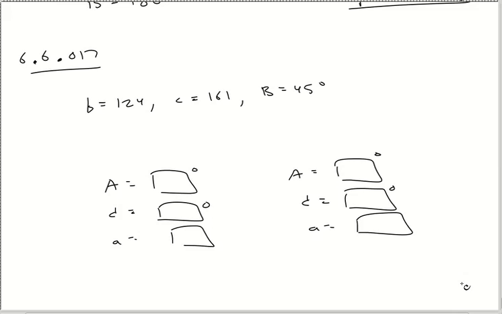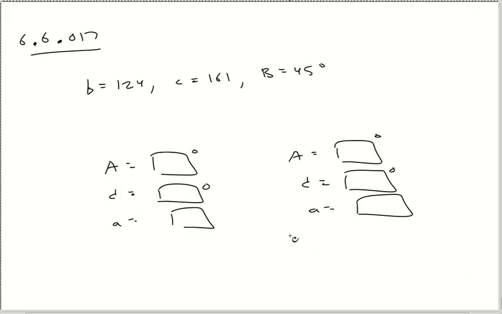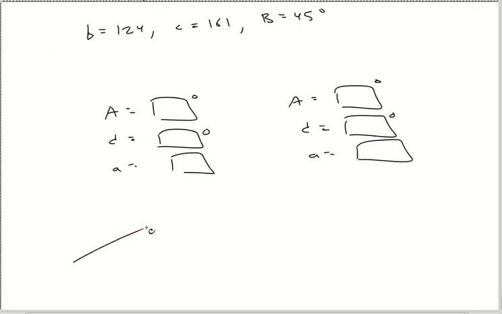Remember my question: can I use law of sines on this? Just remember that as we go through this problem. Like last time, we have a 45, and opposite of that is the 124, both here and here. And then this is a fixed 161.